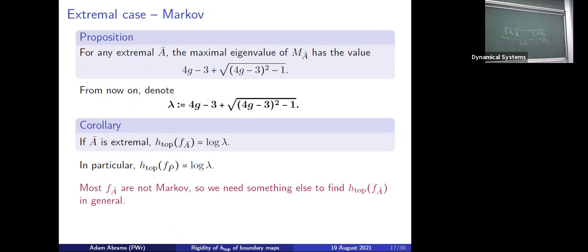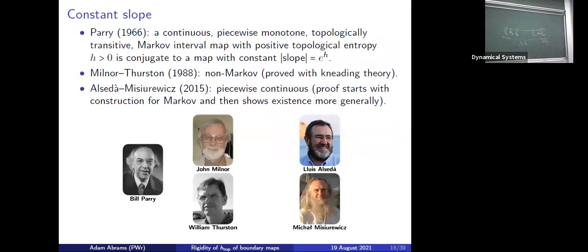And the tool that we use in the non-Markov case is results of Alseda and Misiurewicz, which really goes back to Parry, basically. So Parry had this method to conjugate a map to a map of constant slope. But in order for Parry's method to work, it had to be continuous, piecewise monotone, topologically transitive, and Markov with positive entropy as well.